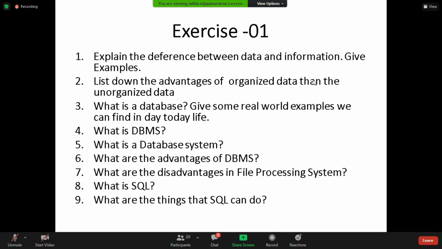Something like that can be observed, and they can make certain decisions on that. Therefore, it's a typical example where we can derive information out of data.